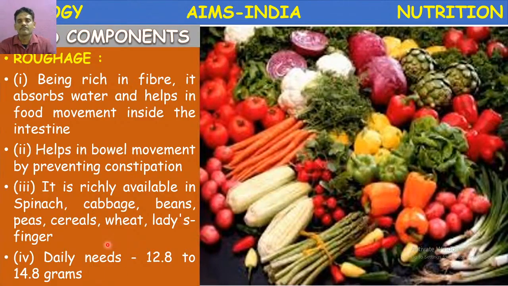So these are all the fresh leafy vegetables: carrot, onions, plantlets of onions, capsicum, spinach, beetroot, cauliflower, corn, asparagus is also one of the rich. These are all the food materials which are rich in roughage.